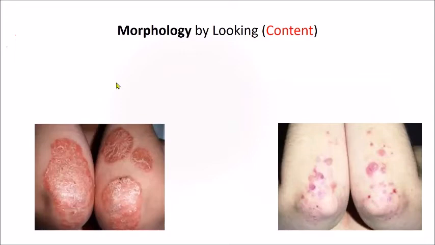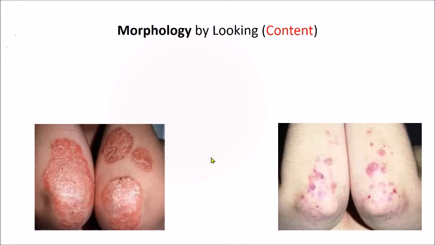Now we are thinking about these two pictures, the content of the lesion. Suppose there might be some plaques, some papules also. But what content is helping to differentiate these two? You see the location is also the same, the extensor location, and this is also extensor location, the same in the elbow. So what content here? I am not telling about the color. You see this is a pink color, this is a red color.